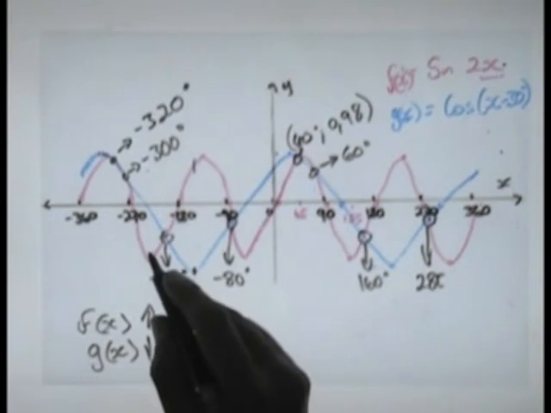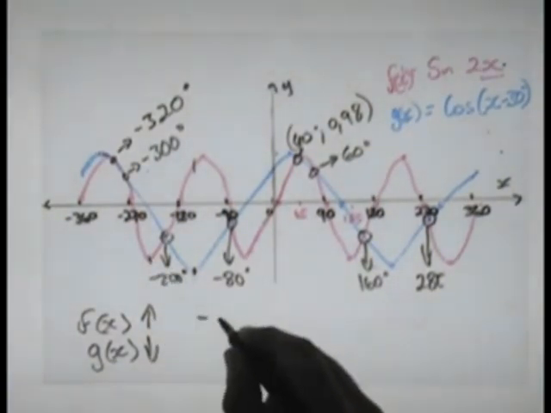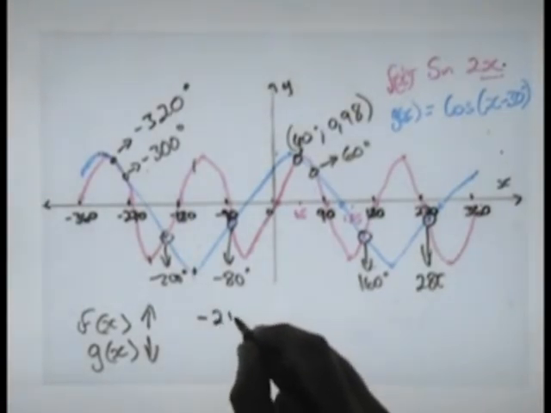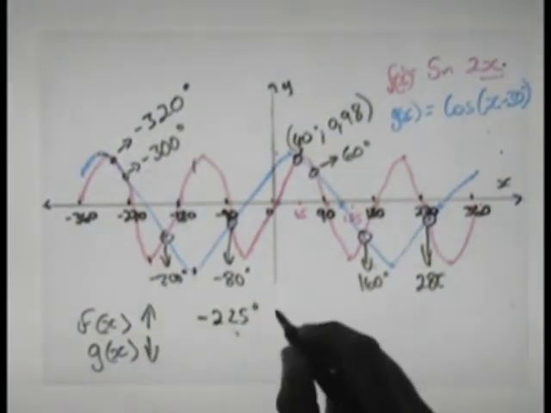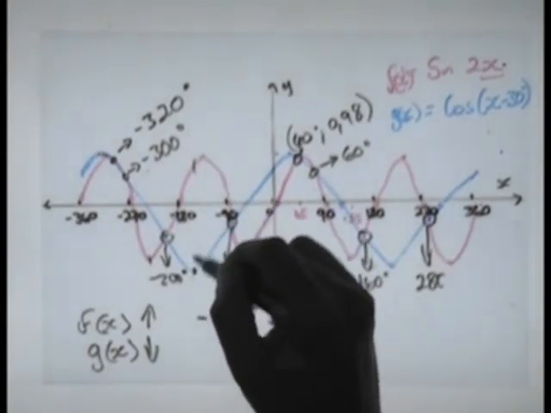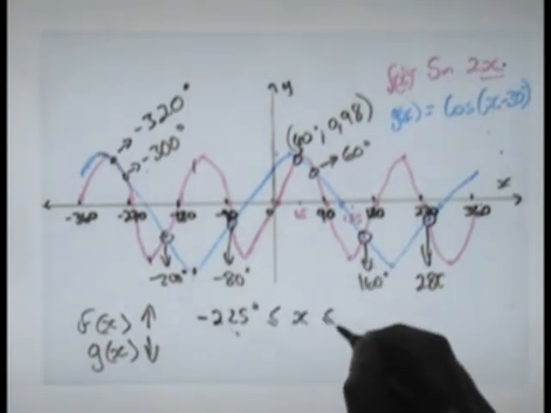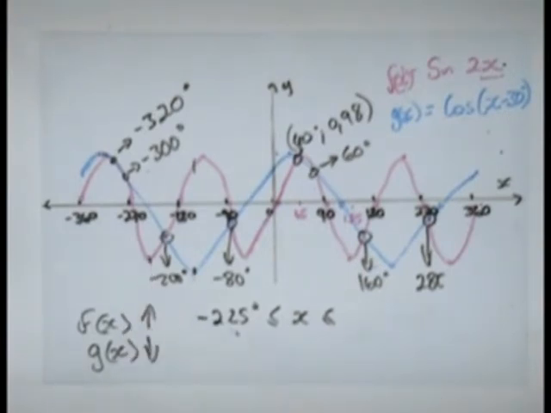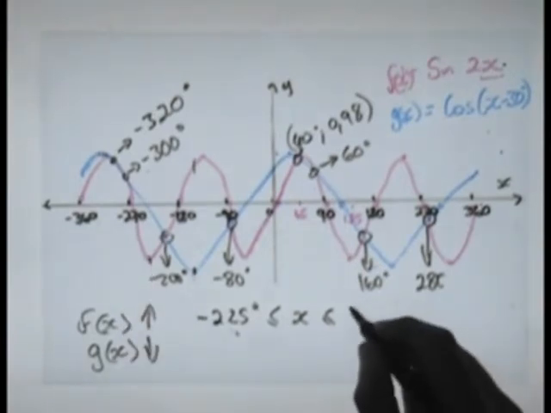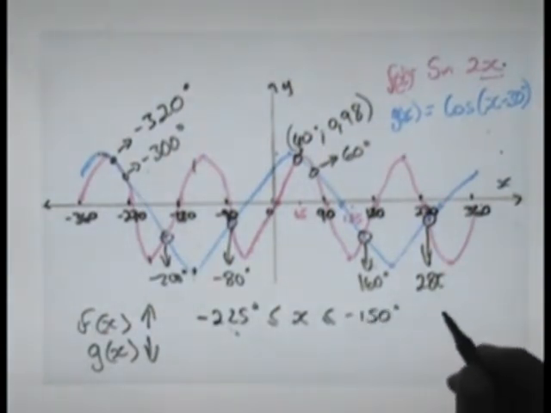That means that the x values we're going to be looking at are negative 225 degrees. That's from there all the way up to that point over there, which is negative 150 degrees. So x is greater than or equal to negative 225 up until negative 150 degrees.